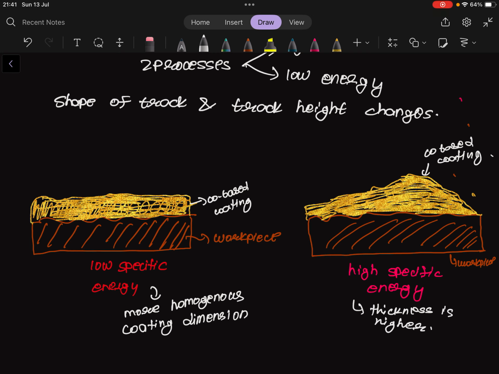It occurs because when we apply high energy to melt the powder, we are melting it in a more efficient way and providing more material to the track. So we obtain a non-homogeneous thickness for the coating here.